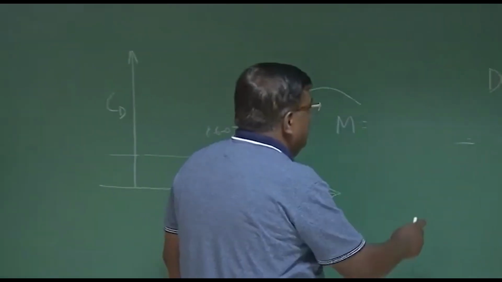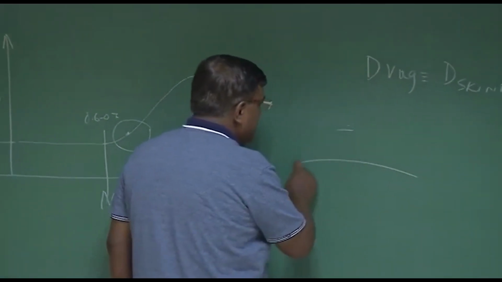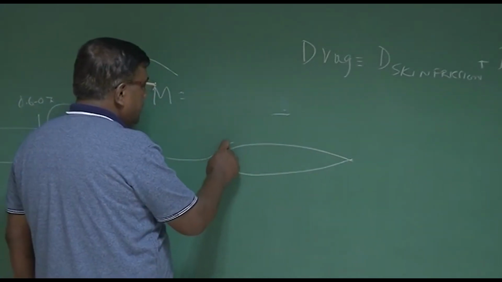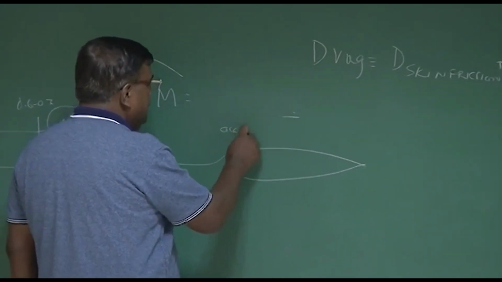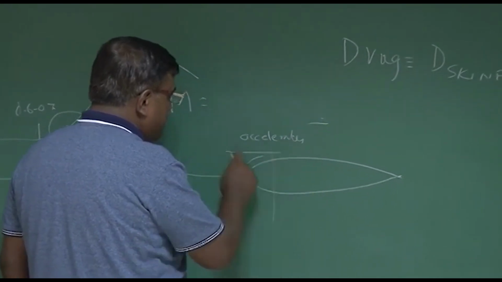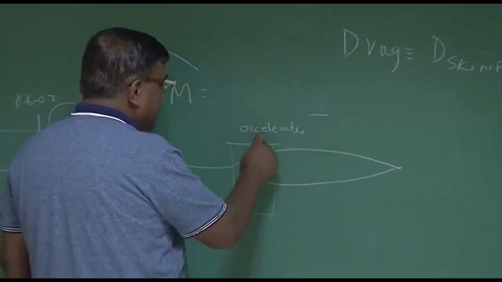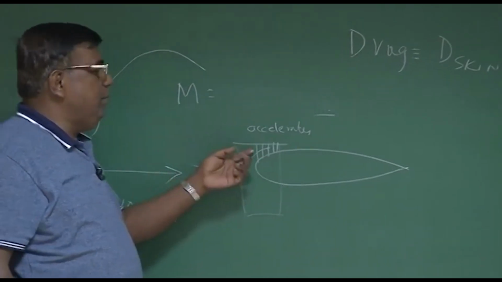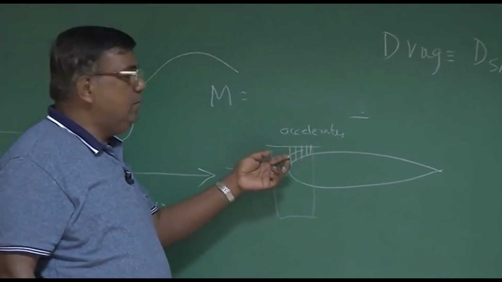Number two, we have been discussing, this is the wing, let's say, and as the flow comes here, the flow accelerates here, right? Do you recall this? Because if I take a controlled surface like this, the area reduces, the velocity will increase to maintain the same continuity of flow.